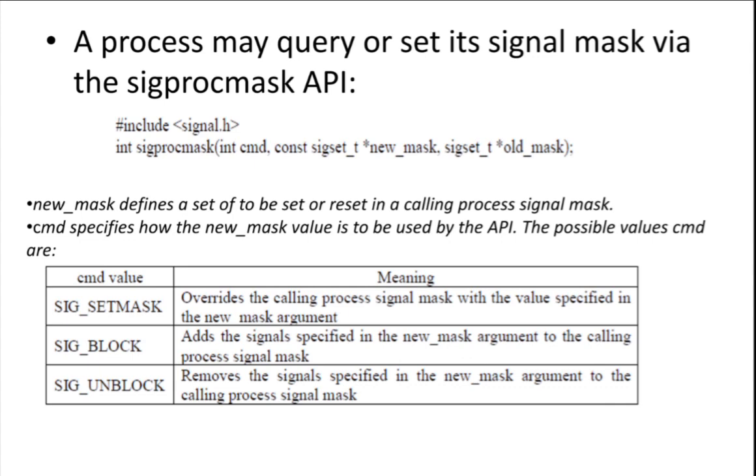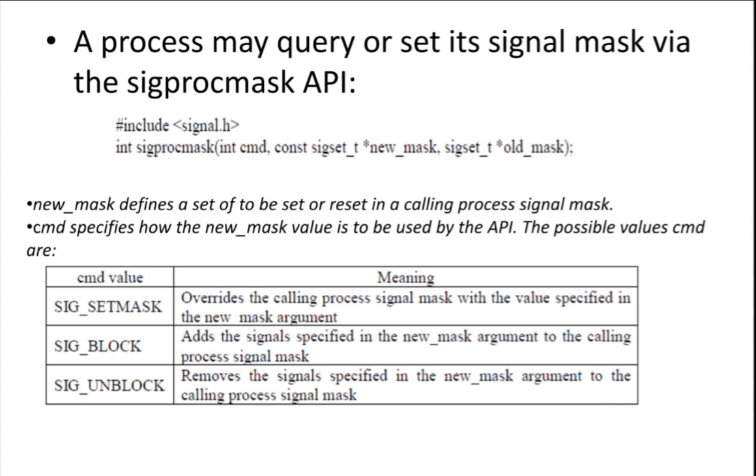If you want to unblock some signals, or add some new signals to be blocked, you can do that using the new mask. The new mask defines a set of signals that need to be blocked in the signal mask.